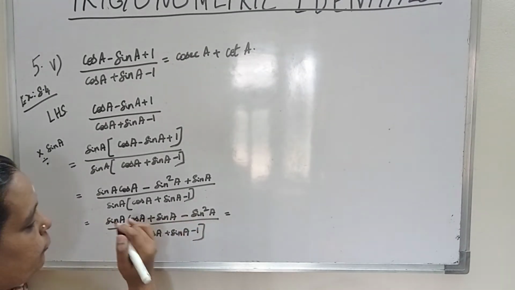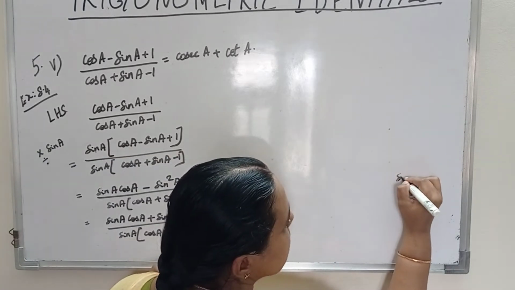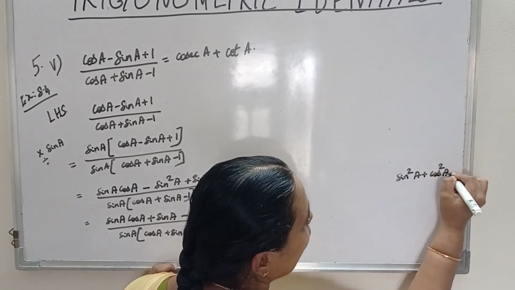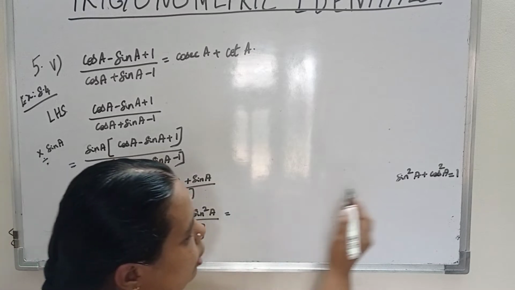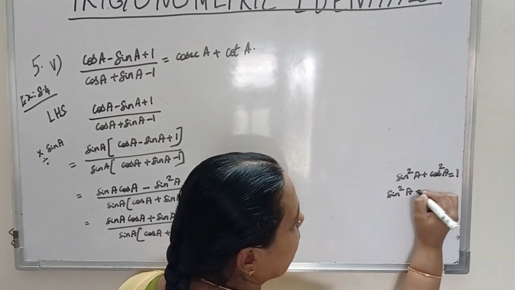Before taking sin A outside, what is sin square A? Sin square A plus cos square A is equal to 1 is the identity. So instead of sin square A, we will take cos square A to the other side.